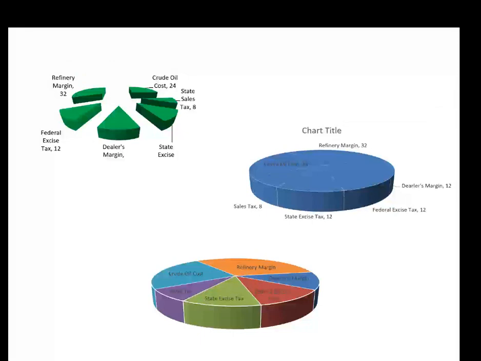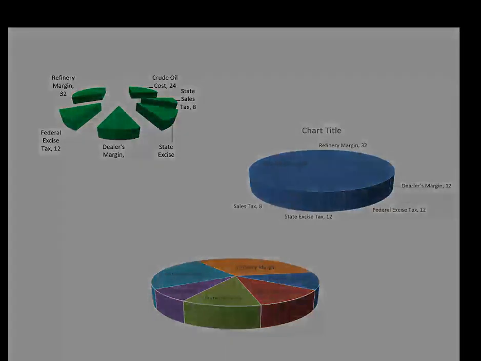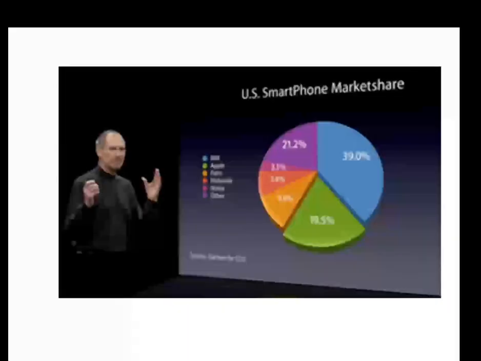Now, you ask, why would anyone do such strange things to an innocent pie chart? If you look at newspapers, magazines, or television ads, you can find an example of your own. I have a few favorites. Here is Steve Jobs showing how large the iPhone market is as a percentage of the whole.